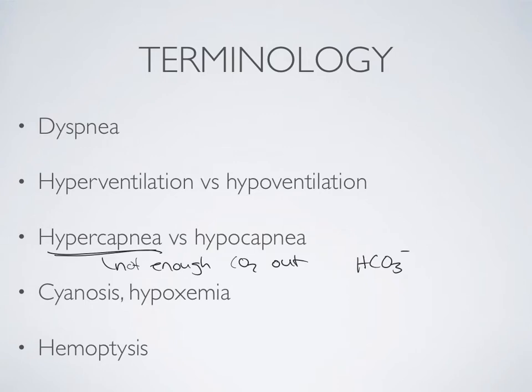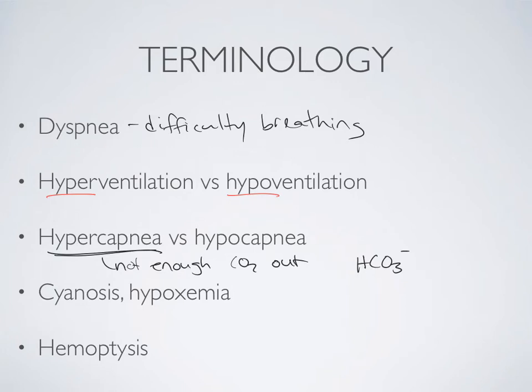Okay, so I already mentioned dyspnea. It's hard to describe, but it's just basically difficulty breathing. And then I was trying to get a little bit into this idea of hyper and hypoventilation.